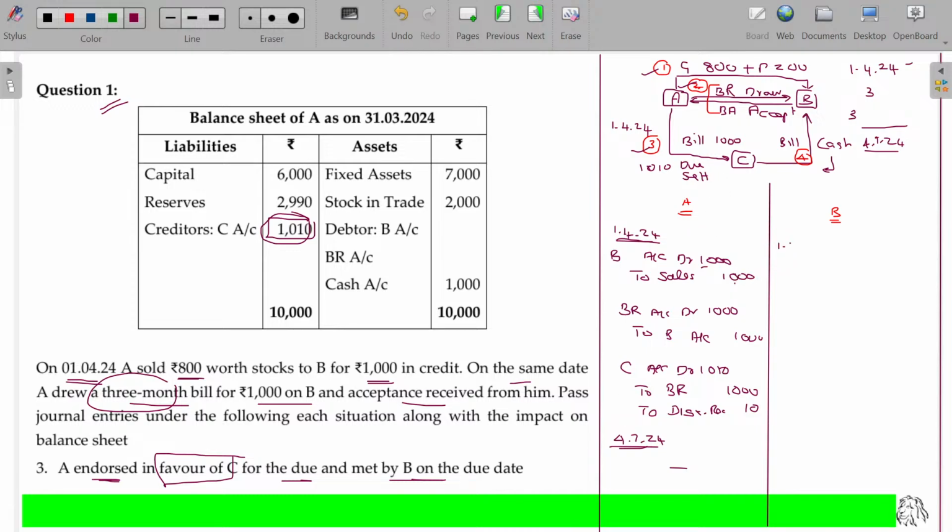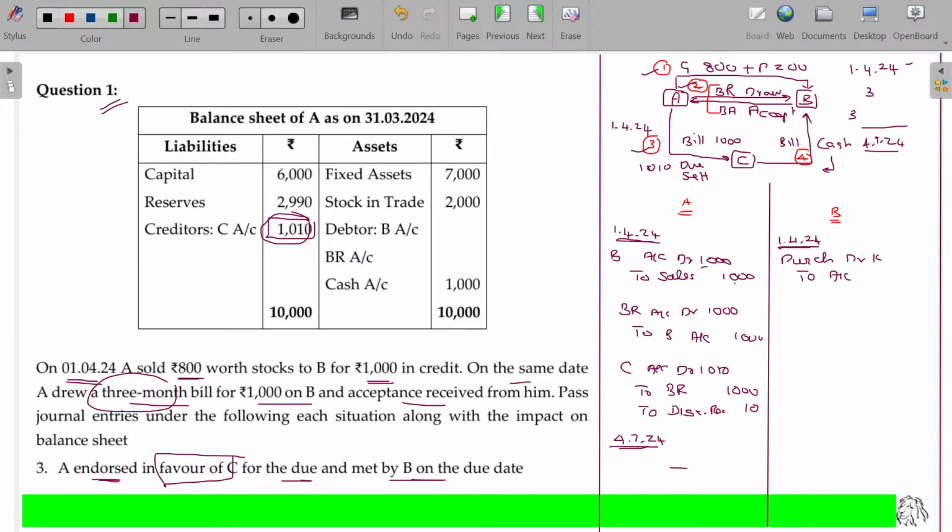Instead of sales, the entry should be in a reverse form. What's that? Purchases account debit to A account.